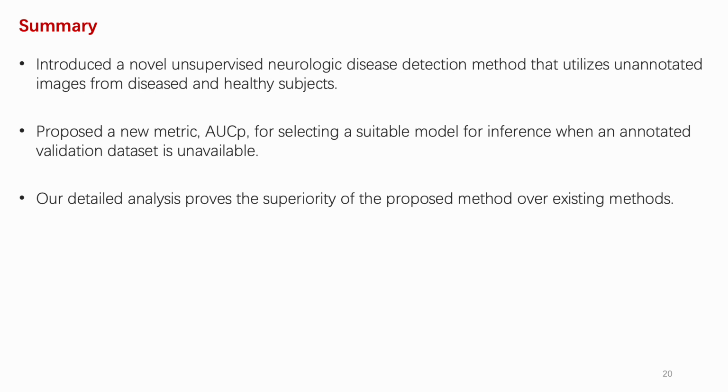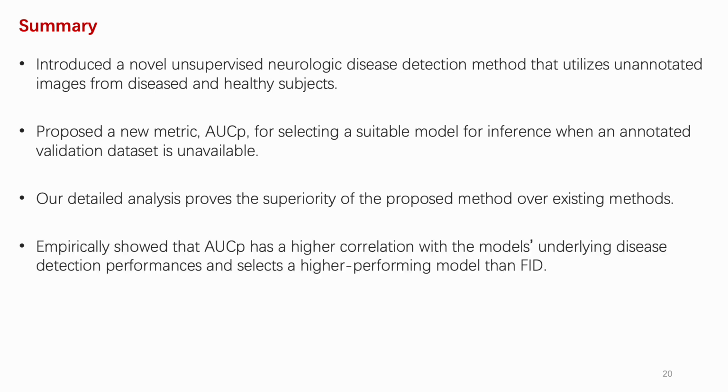Our detailed analysis proves the superiority of the proposed method over the existing methods. Empirically, we showed that our pseudo-AUC metric has a higher correlation with the model's underlying disease detection performance and selects a higher performing model compared to FID.